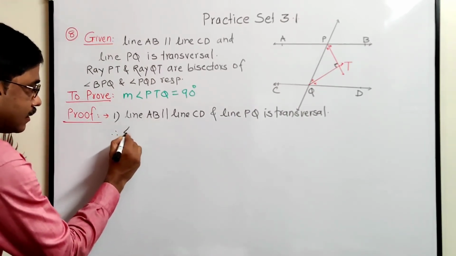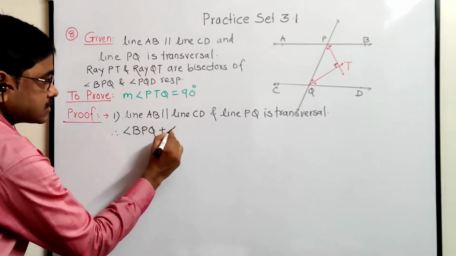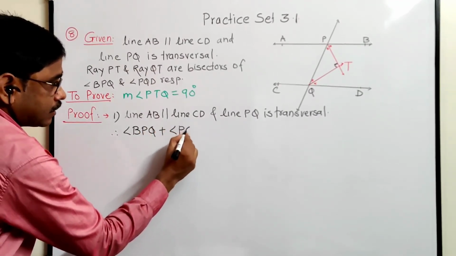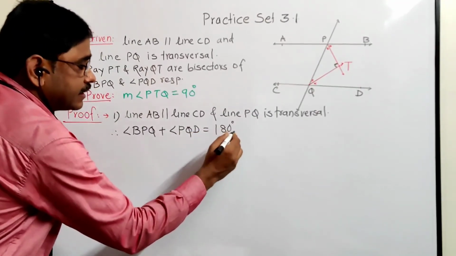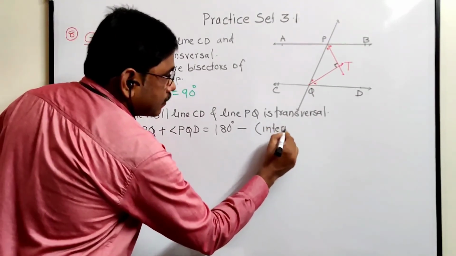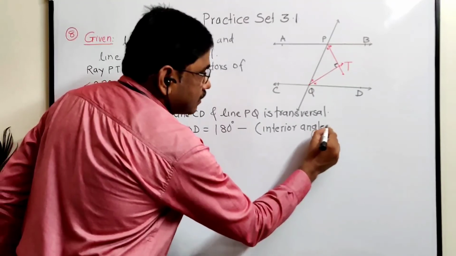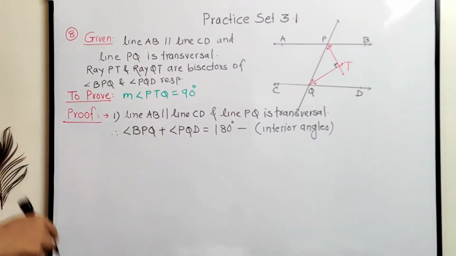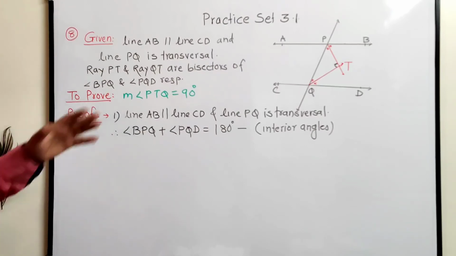Therefore, measure of angle BPQ plus measure of angle PQD is equal to 180 degrees. Reason we can write: interior angles. These are interior angles of parallel lines. Now both sum to 180 degrees.